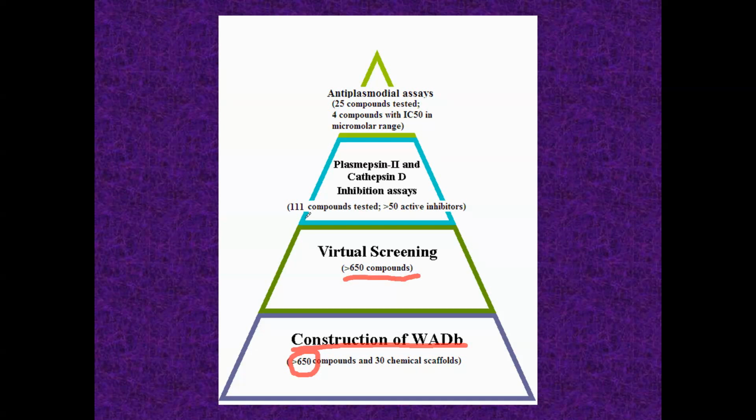Using this data, we tested 110 compounds in the lab, and among those, more than 50 compounds were active against the enzyme, against the plasmepsin-2. So out of 650, using the docking, we basically came up with 50 active inhibitors of plasmepsin-2.